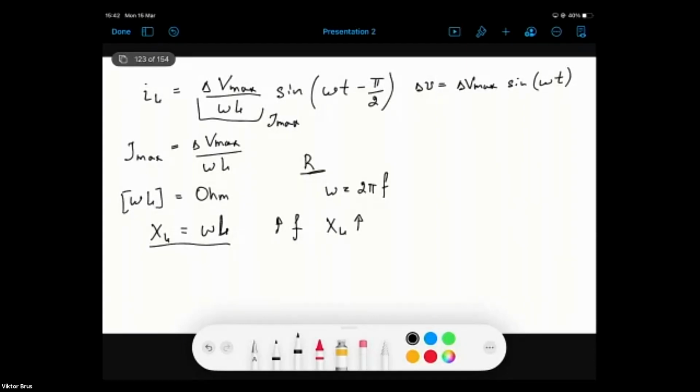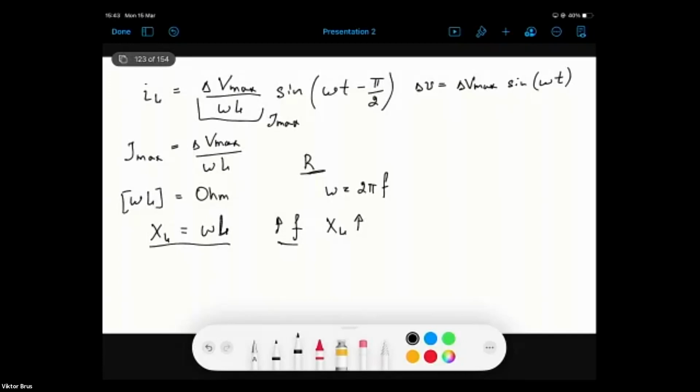That is because of Faraday's law. So we know that the induced back electromotive force, which kind of prevents change of the magnetic flux in the circuit, is proportional to the rate of changing electric current in the circuit. So if we increase the frequency, we automatically increase this rate of changing electric current.